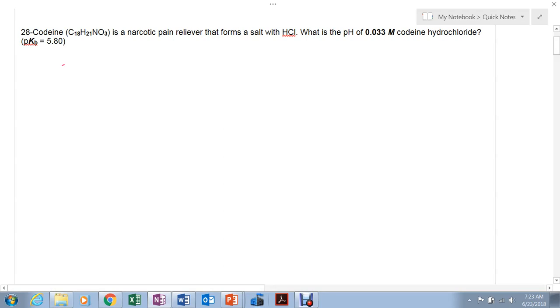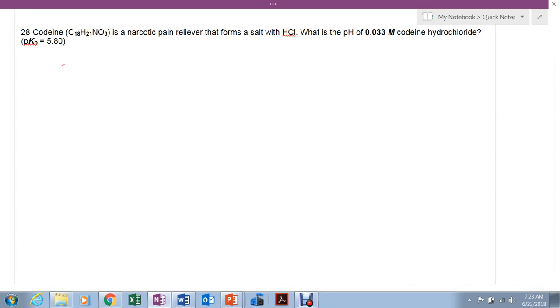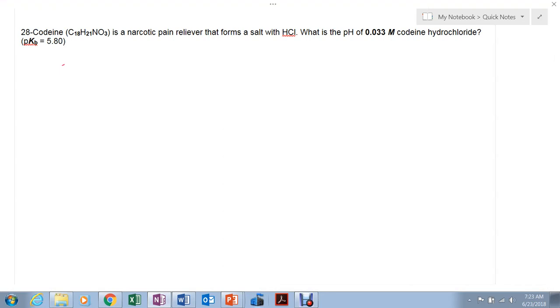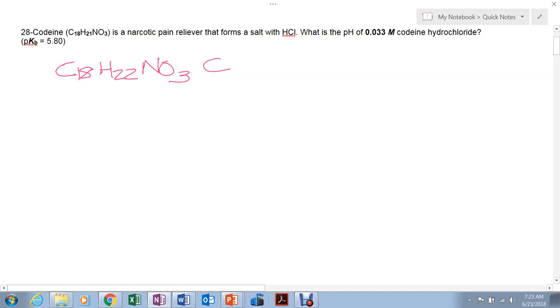So we got that codeine forms a salt. Okay, C18H22NO3. When this reacts with hydrochloric acid, it forms this salt, Cl.